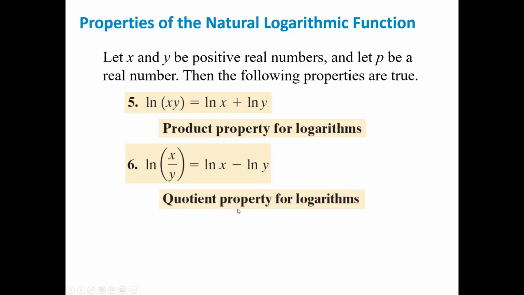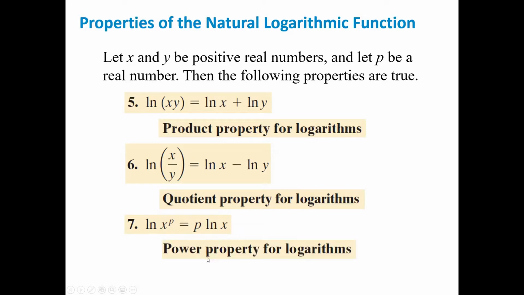The division property is here. If we've got minuses, we're going to divide: the denominator gets the minus, positives would be the numerator. Natural log of x to the p, you bring the p out front, and then you have p times the natural log of x, or natural log of whatever it is. That's the power property, where you bring this p out front, or if it's out front, you bring it back to the back.